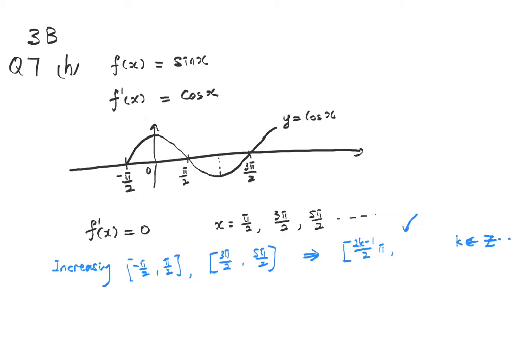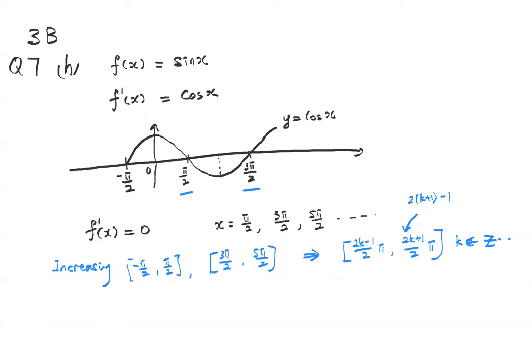Here is if I put 2k plus 1 minus 1, and here will be 2k plus 1 over 2 pi. I can put it like that. So this is for increasing. Yep. For decreasing will be between pi by 2 and 3 pi by 2.